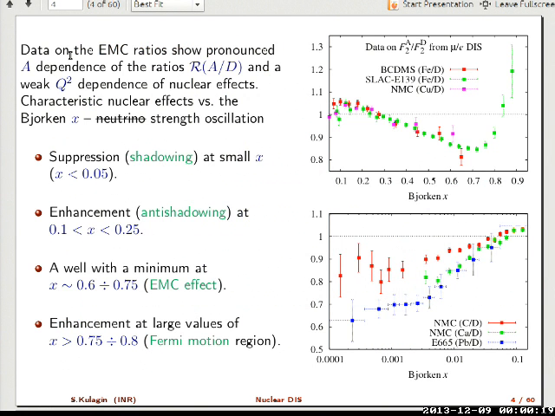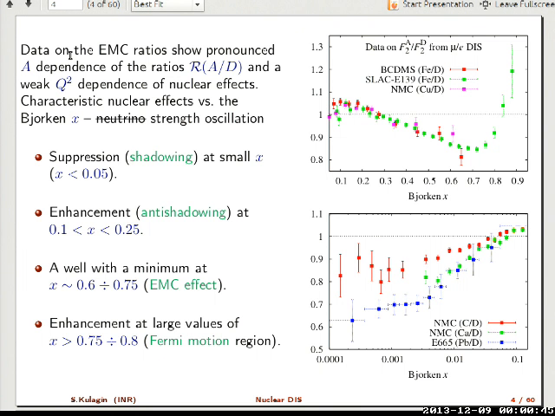So this is how the data looks. If you look at the data as a function of Bjorken x, it has a kind of oscillatory behavior. The cross section gets positive and negative corrections depending on the kinematical region.